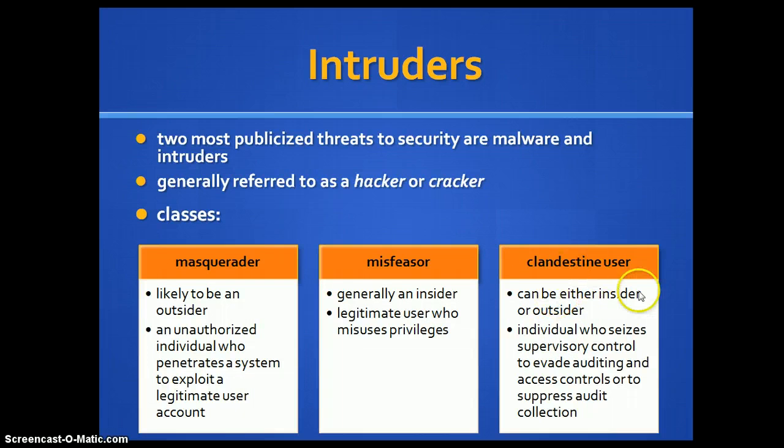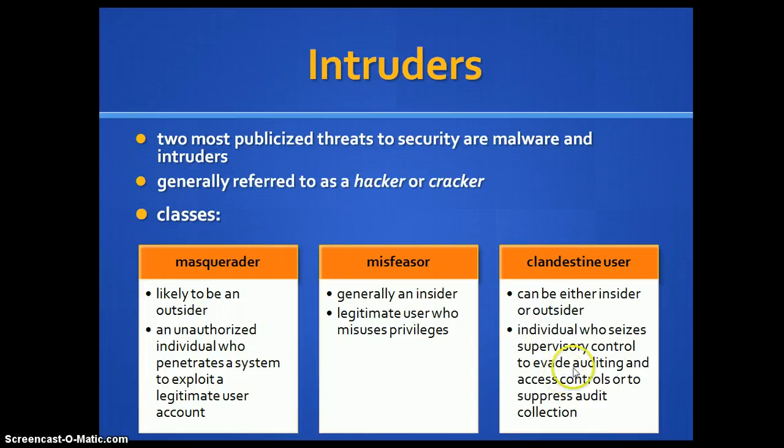When we come to the clandestine user, which we said is an insider or outsider, this is an individual who seizes supervisory control to evade auditing and access control or to suppress audit collection. When we build an intrusion detection system step by step, we have an audit system to monitor the activity of the user of the application.